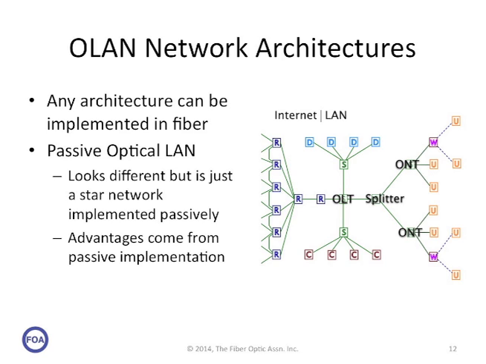FOA has a very good video on fiber to the home and optical LANs, either of which you can use to learn more about this particular architecture. The big advantage comes from the passive implementation and the unique way that it shares bandwidth, which we'll talk about in the next video.